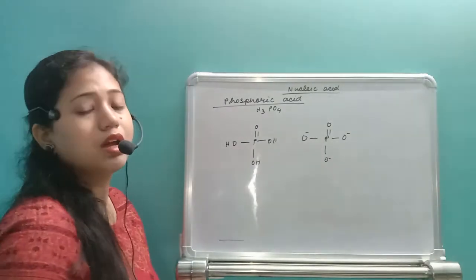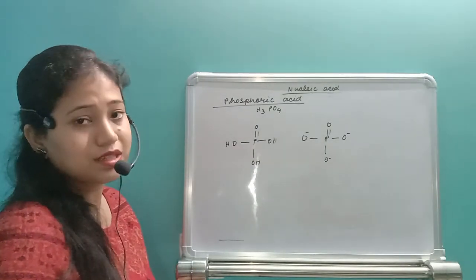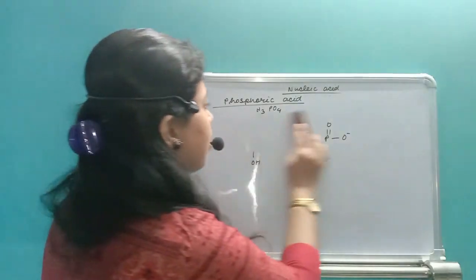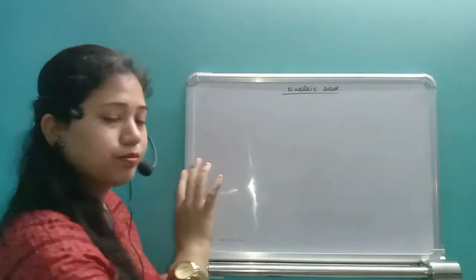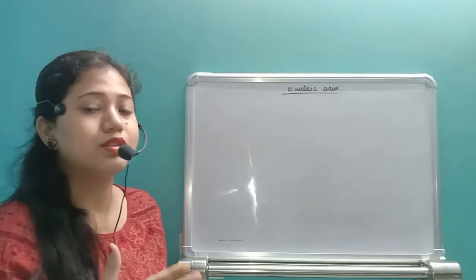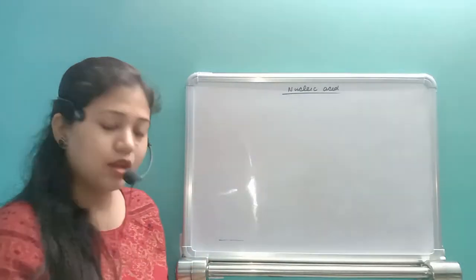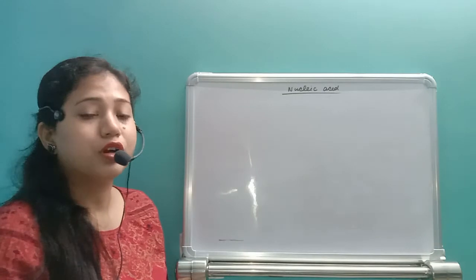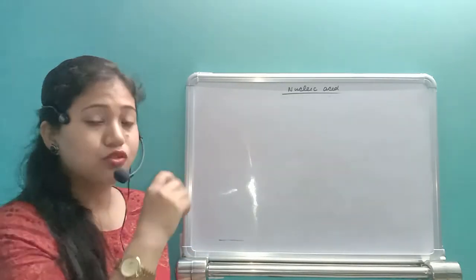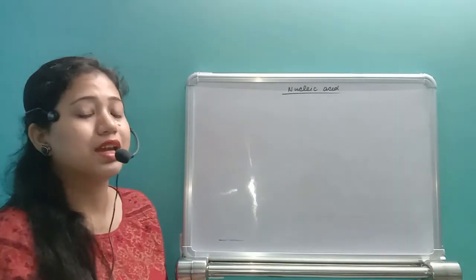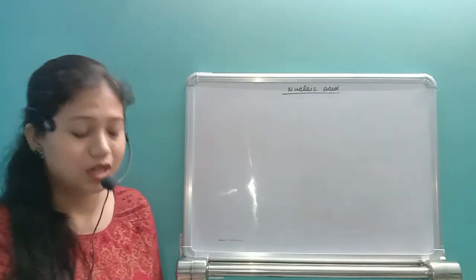Now how are these nucleic acids formed? I will show here how all these three types of monomers, that are the ribose sugar, the nitrogenous bases and the phosphoric acid, are attached to each other. Let's just see.